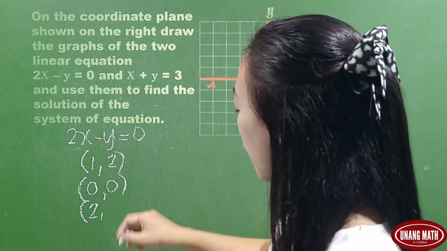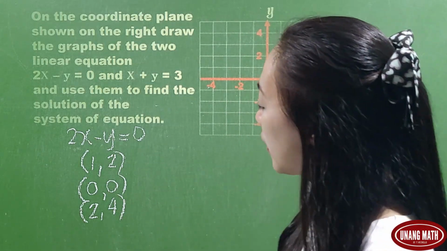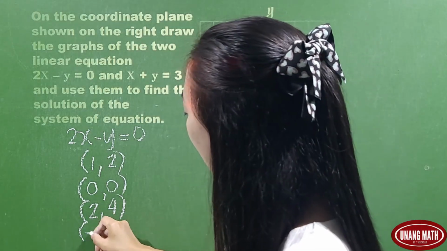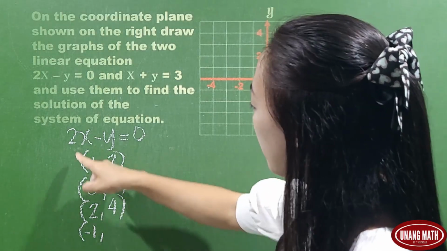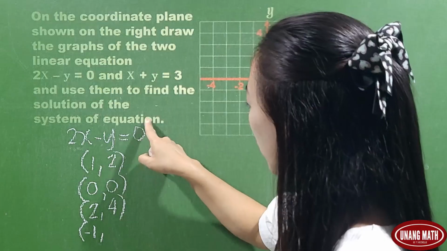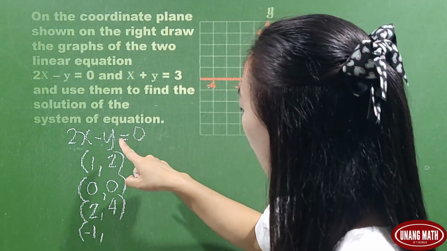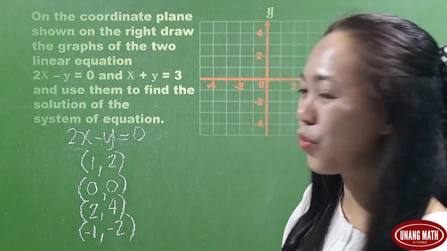So it means y-coordinate is 4. How about if x is negative 1? So if x is negative 1, then this is negative 2. So negative y is equal to 2. Then that means y now is negative 2.